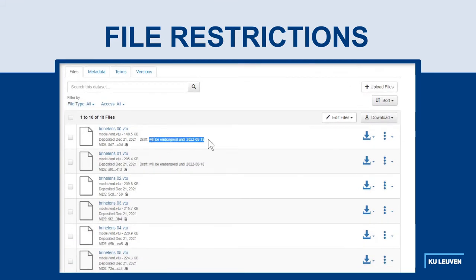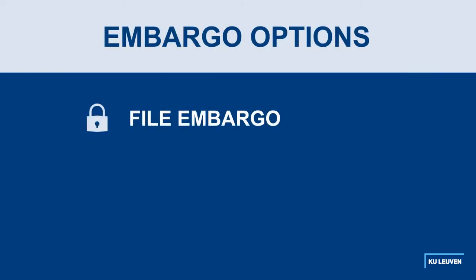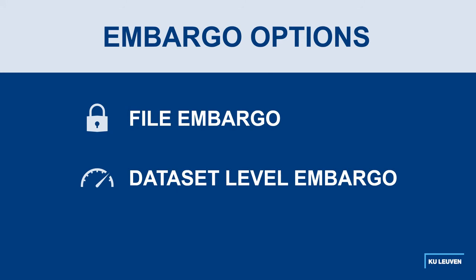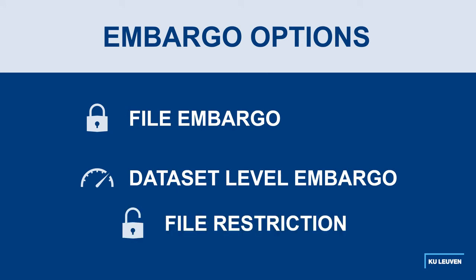So if you're not too sure about the embargo date, a better option is to select embargo on the dataset level in the form, but to use the restrict option on your file level instead. This way you can move the embargo date and all you'll have to do is manually unrestrict the files once the date passes. And note that the metadata is always openly available after publication, even when files are restricted or embargoed.